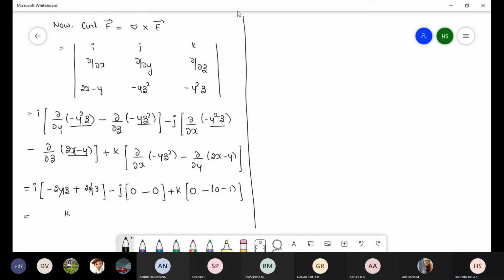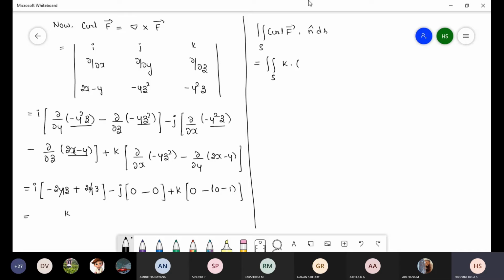Now next, according to the formula, double integral over the surface S curl vector f dot n cap into ds, that is equal to double integral. So here curl vector f means we got our answer k.